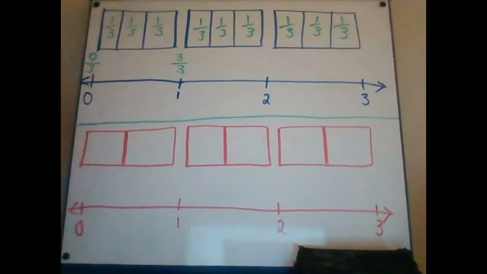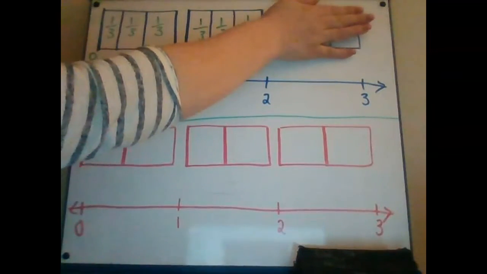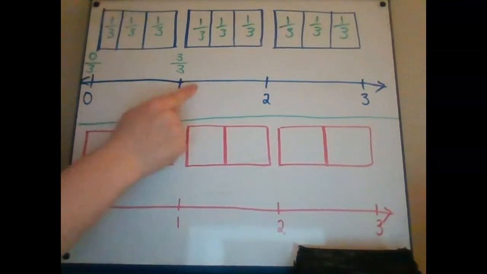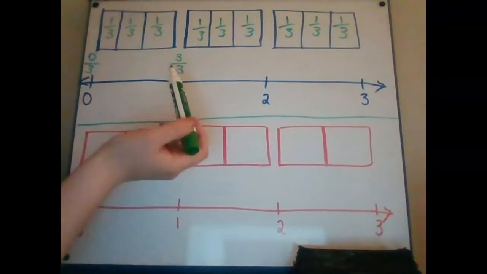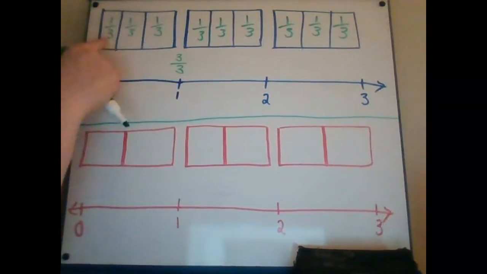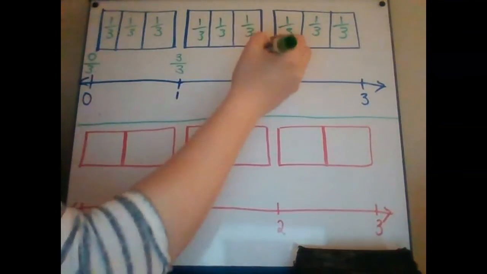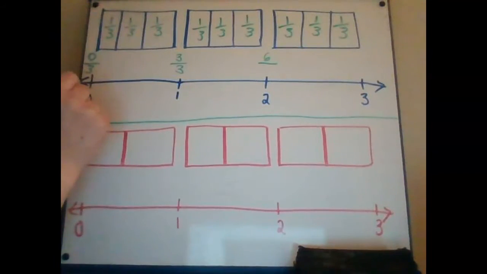For 2 wholes, this means I need to look at this whole and this whole part, not here, not the last one. It's removed. I'm only looking at 2. 1, 2. All right, so the number on the top tells me how many parts are being counted for. So I need to count 1, 2, 3, 4, 5, 6. I have 6 parts that I'm counting for in the 2 wholes.